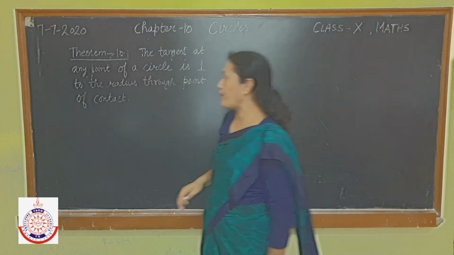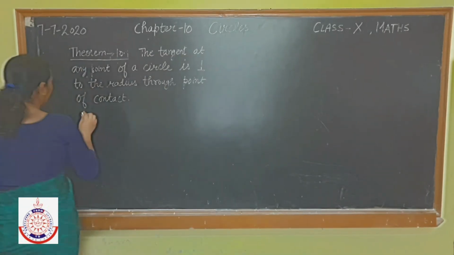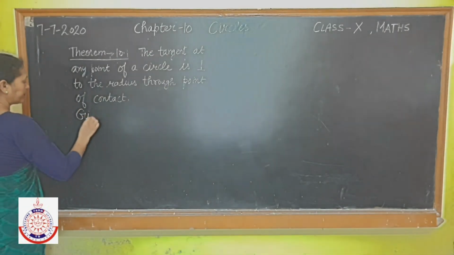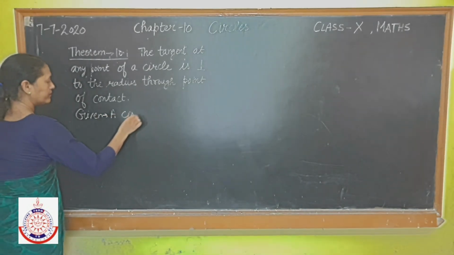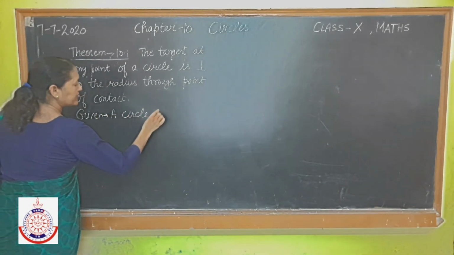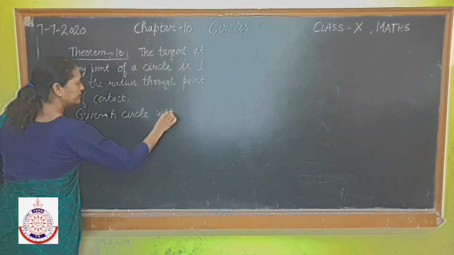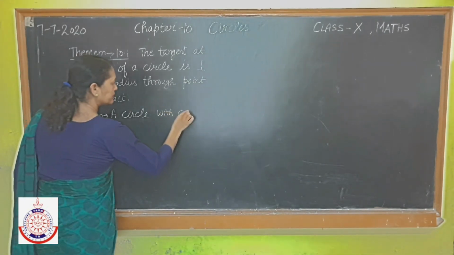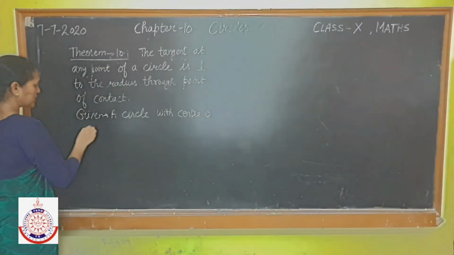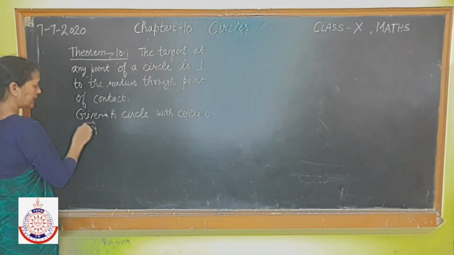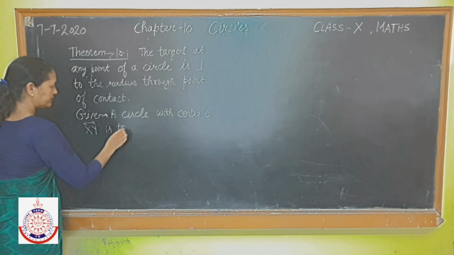So what is given and what is being asked? We are given a circle with center O. XY is a tangent. This is given to us.